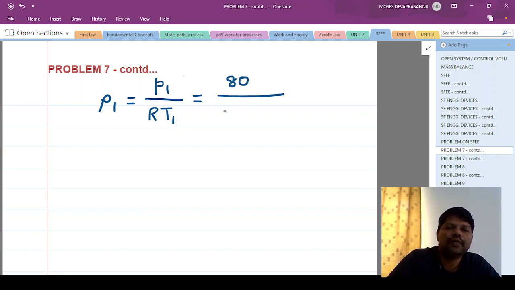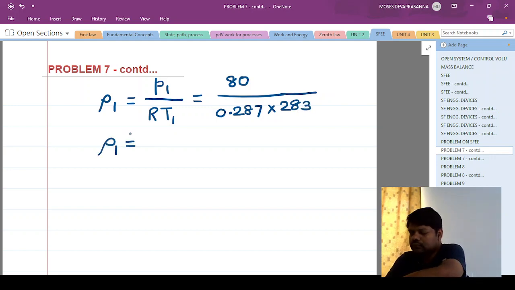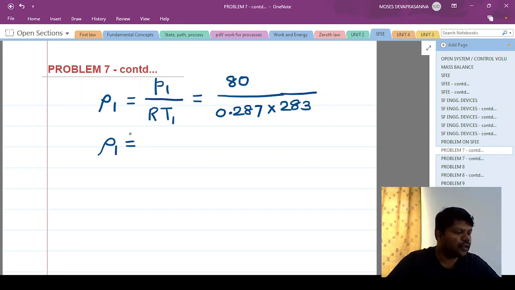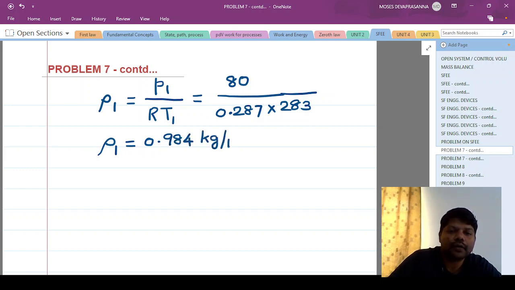R we know, 0.287, and the temperature is 283 Kelvin. So I'll get the value of rho 1 as 0.984 kilogram per meter cube. So I got the value of rho 1.